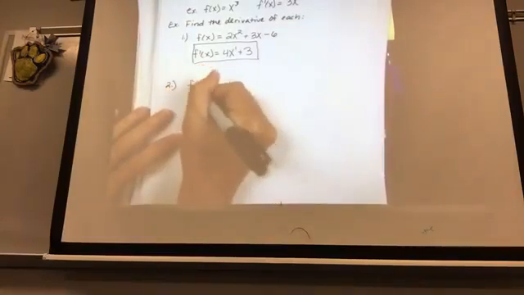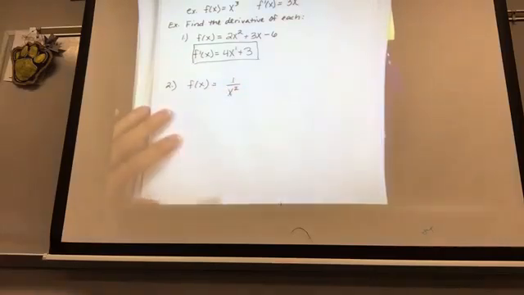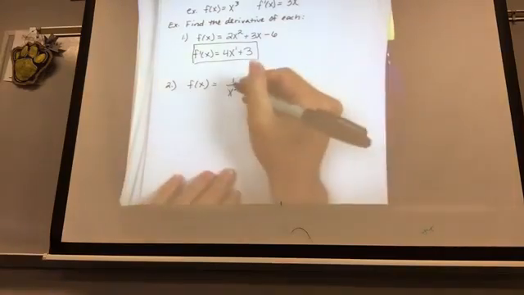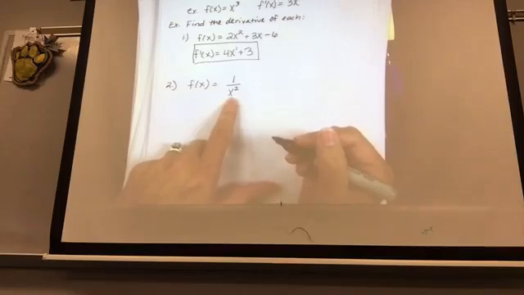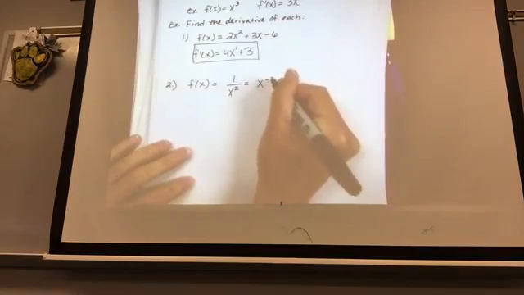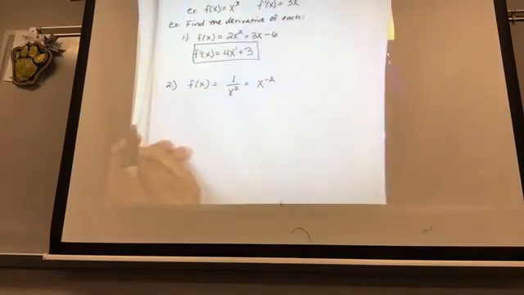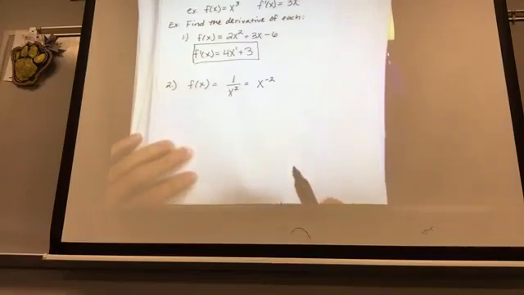So number 2, f of x is equal to 1 over x squared. So anytime the variable with the power is in the denominator, we're just going to rewrite it using our exponent rules. So I know this is the same thing as x to the negative 2. Remember, if you take the reciprocal, you change the sign of your exponent.